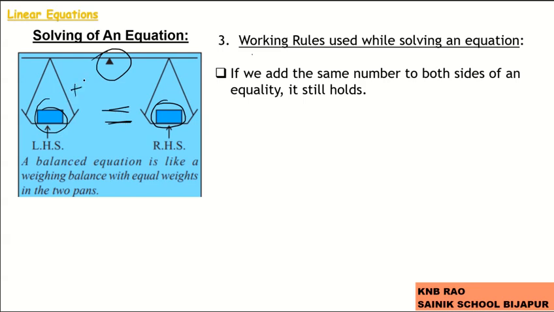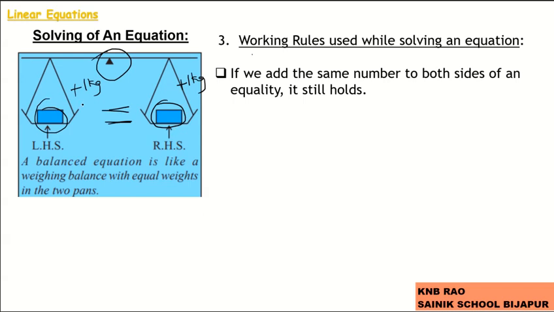Suppose you are adding 1 kg here, it becomes more here and the balance gets disturbed. Instead, if you add 1 kg here also, then whatever the weight here is equal to the weight in the other pan also.